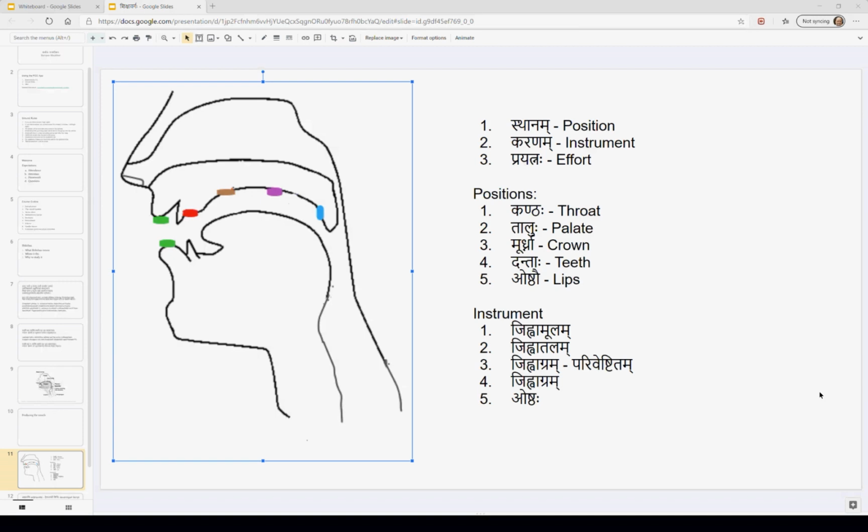Anybody else want to try? So when we say the long vowel, the time should be double the time of the short one, about 1 second.